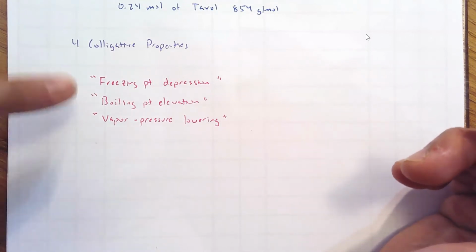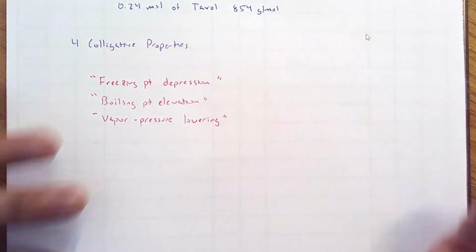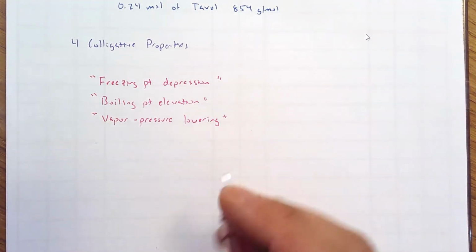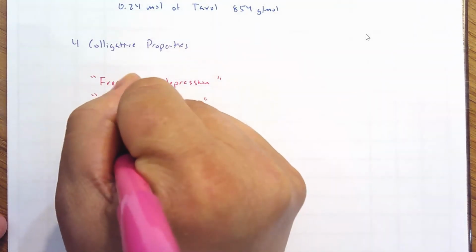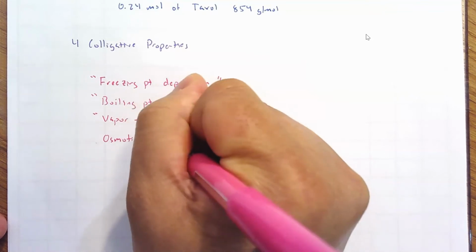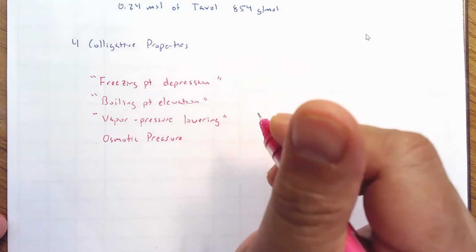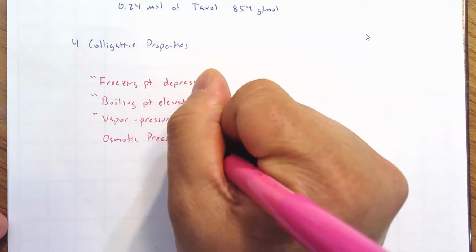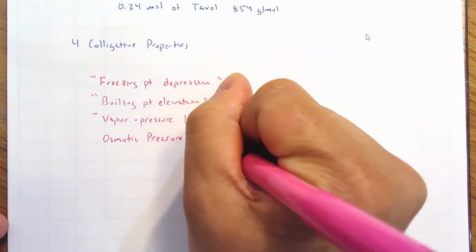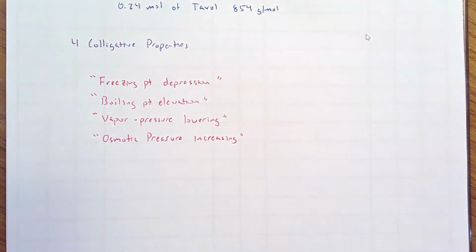The higher the boiling point, the lower the vapor pressure of a solvent. So those things correlate well. The last one, the fourth one, is osmotic pressure. The osmotic pressure of a solvent will change when you dissolve stuff in it, and osmotic pressure increases. So we'll call this increasing as you dissolve more solute.